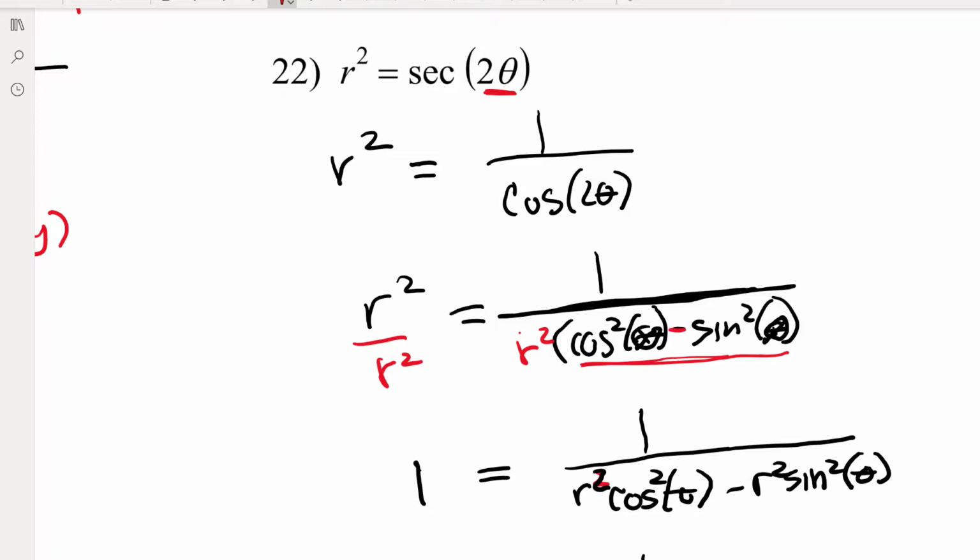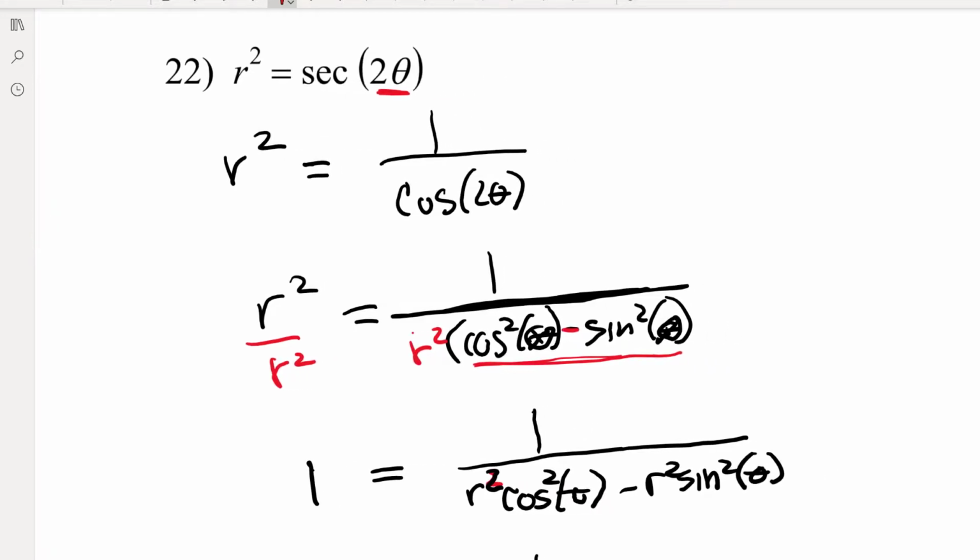I divided both sides by r squared. And then I did the distributive, r squared times cosine squared, r squared times sine squared.